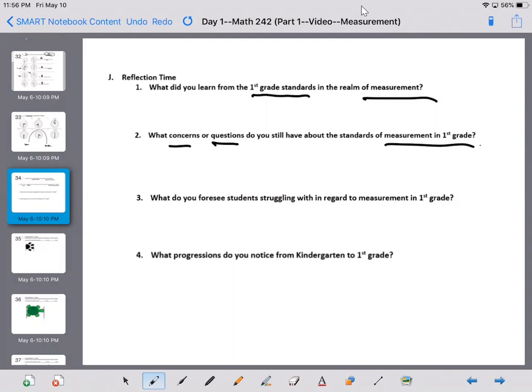These types of materials. That's why you collaborate with your peers in your grade level teams when you get into your schools. Do you foresee any struggle with first grade standards? And there's certainly nothing wrong with productive struggle. It might be something that you struggled with that you're thinking back on. Well, just because you might have struggled with it doesn't mean the kid's going to struggle with it.